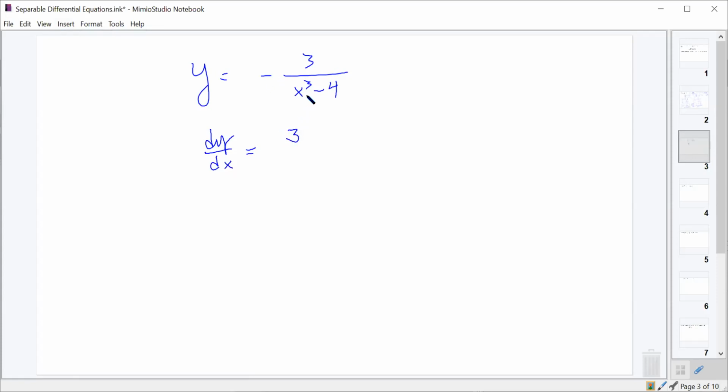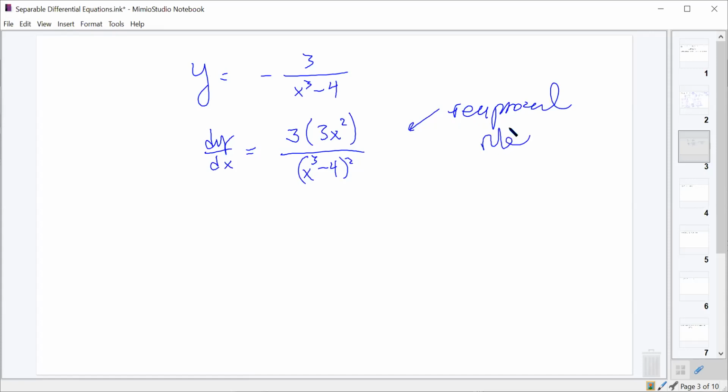Keep the constant. Derivative of this, derivative of your denominator, which was 3x squared, over your denominator squared. Right? That's using the reciprocal rule, which we should know, right? The reciprocal rule.